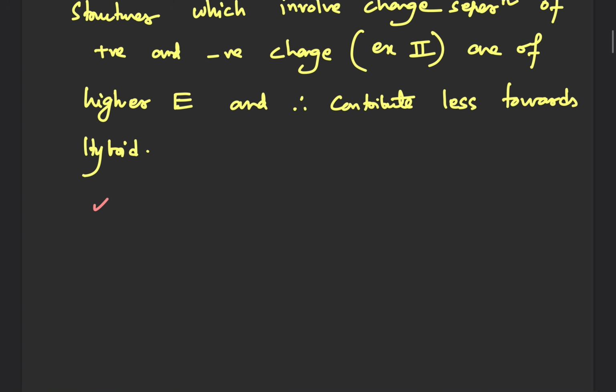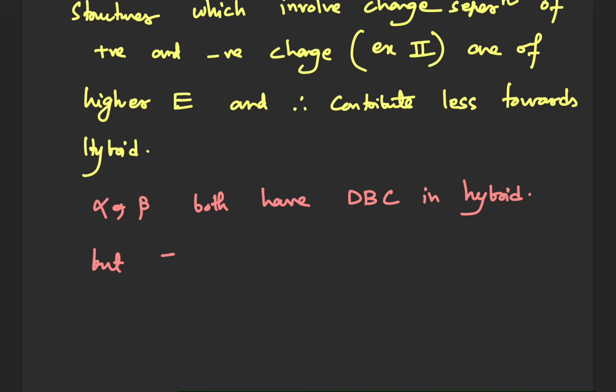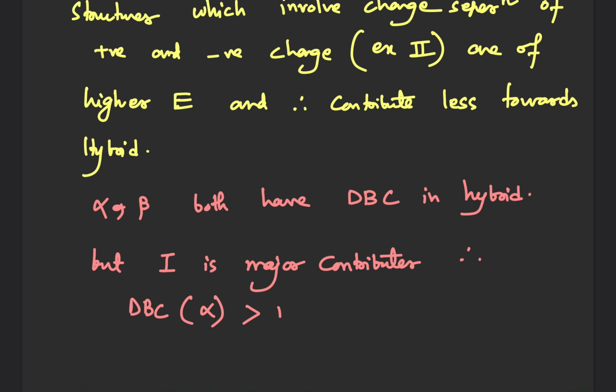Alpha and beta both have double bond character in the hybrid, but one structure is the major contributor towards the hybrid, so the double bond character of alpha is greater than the double bond character of beta.